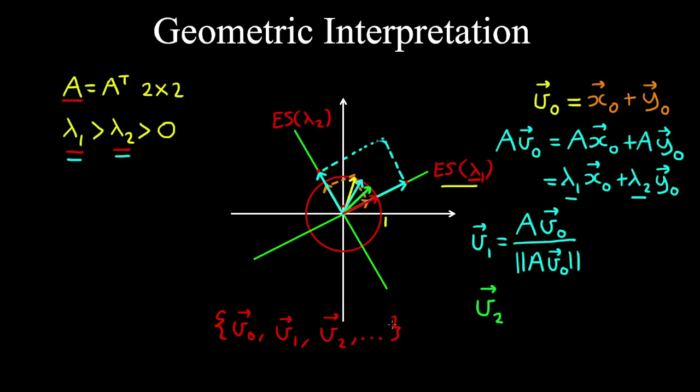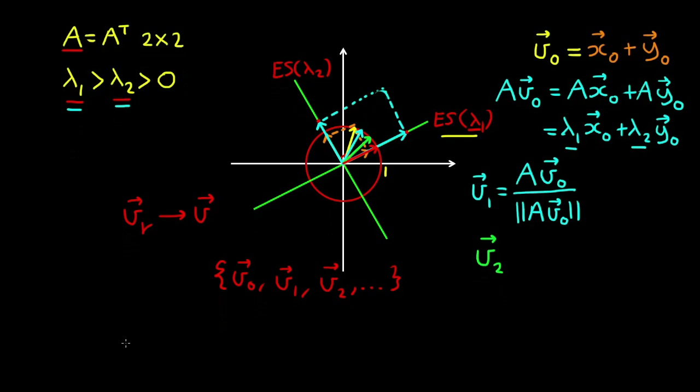So if some vector vR in this sequence converges to this eigenvector v, then A multiplied by vR dot vR will converge to Av dot v.